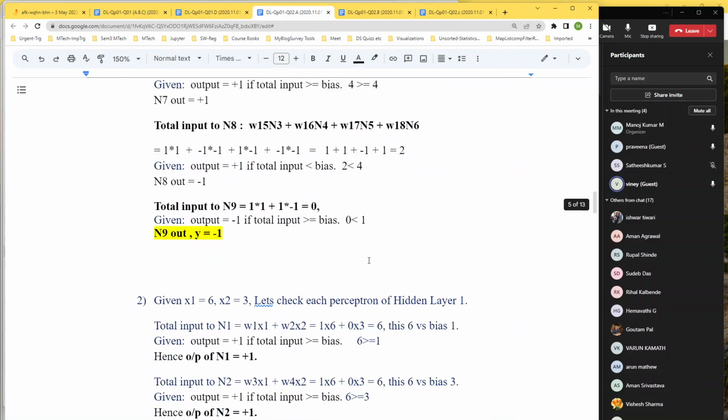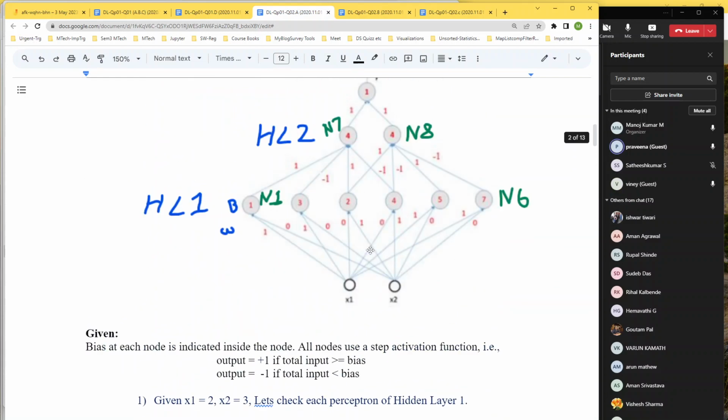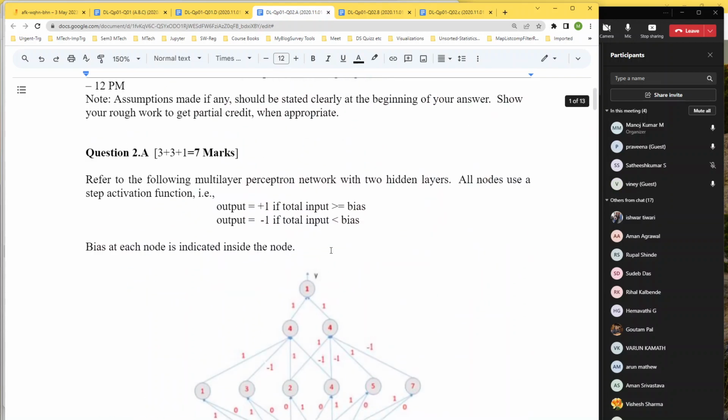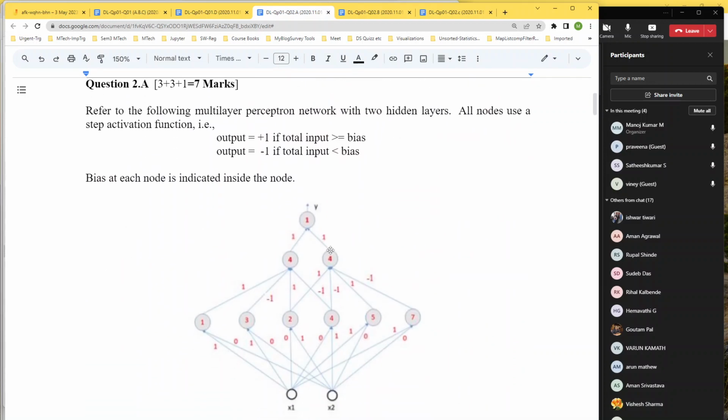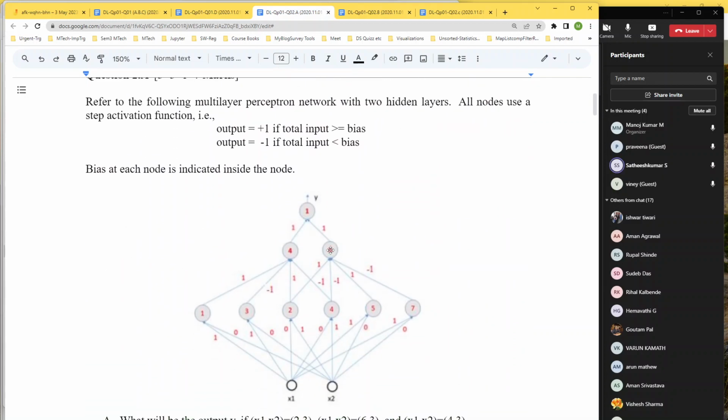Okay, you can check it. Maybe Pravina will also check it, right? Satish, are you able to get it, or you don't want to do it now? I am just observing, so maybe I'll do it, Manoj. Do you get the principle of how to do it? Yeah, I got it.